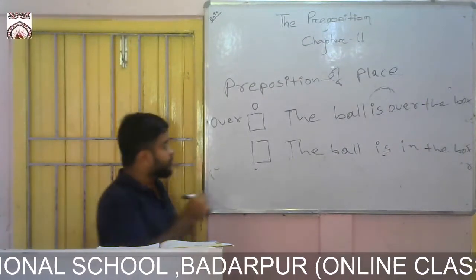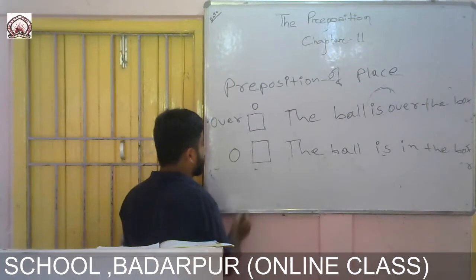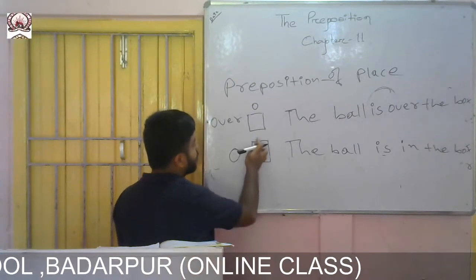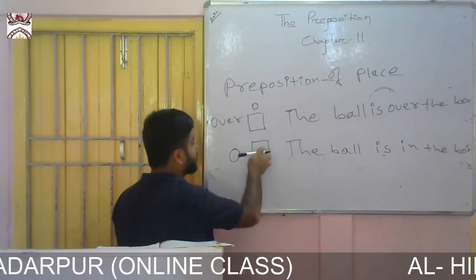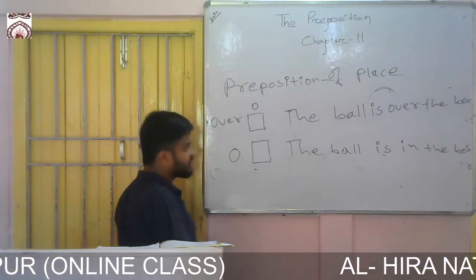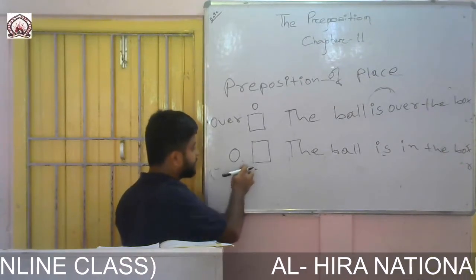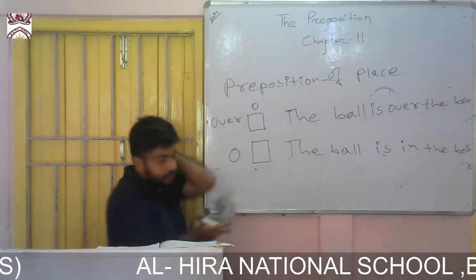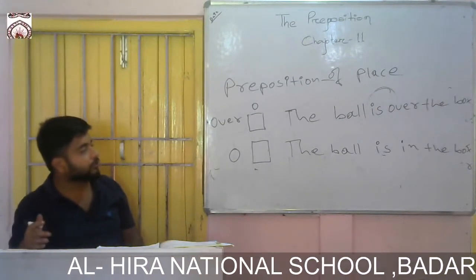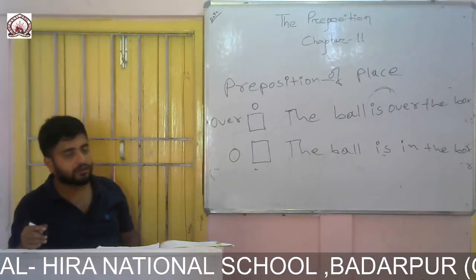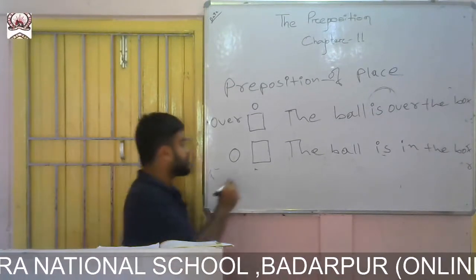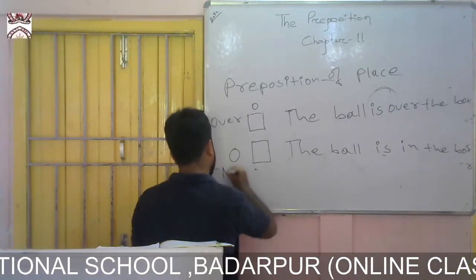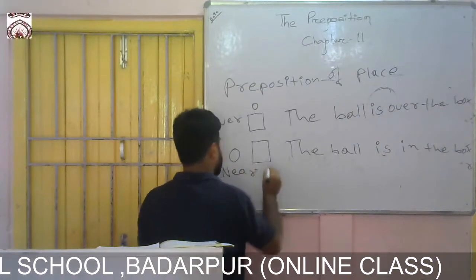And if the ball is near the box, not over the box or inside the box or touching the surface of the box, if it is beside the box, then we have to use the preposition near, N-E-A-R.